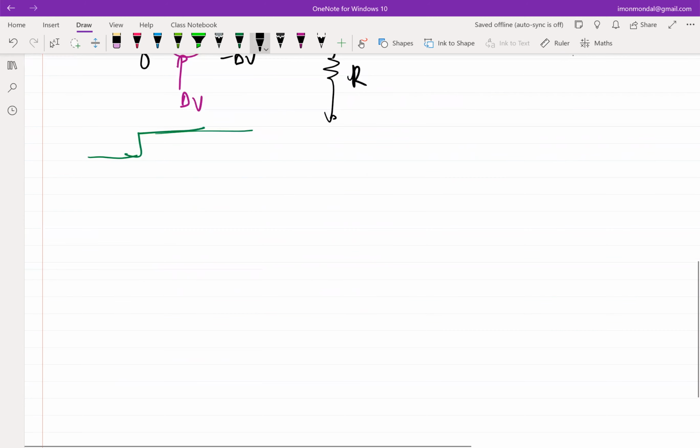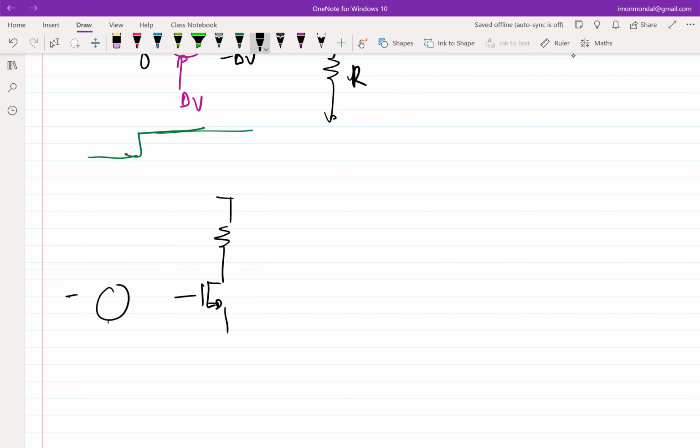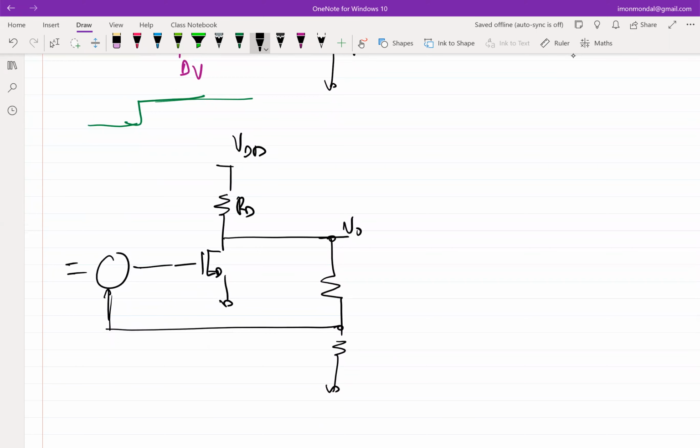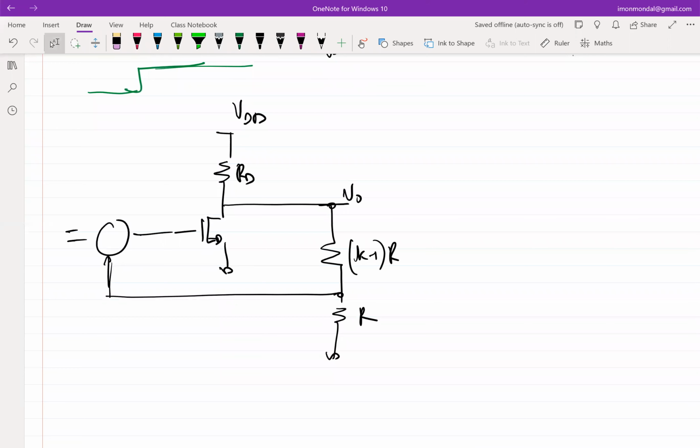So now let's look at it. For the time being, assume that the actual input is grounded, because we are analyzing the loop.